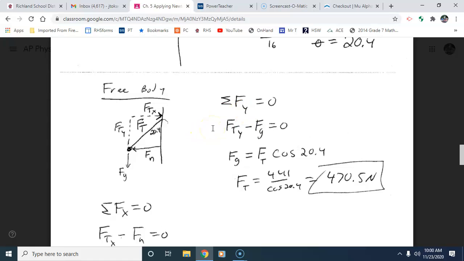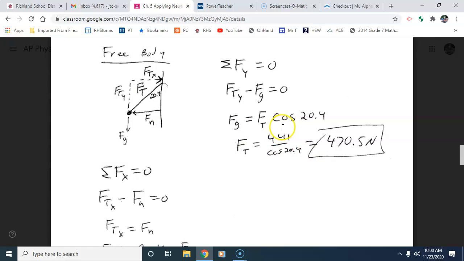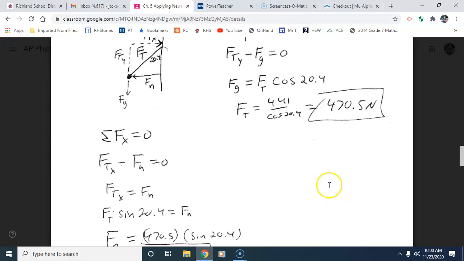So the only forces on the y-axis are the y component of tension up minus the weight down. And the y component of tension is tension cosine of 20.4. And we could solve and isolate for tension because we found the weight earlier. Divide those numbers and we get the tension just shy of 471 newtons.